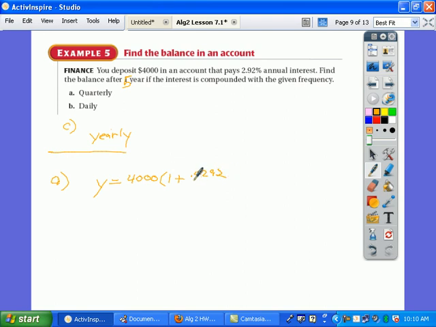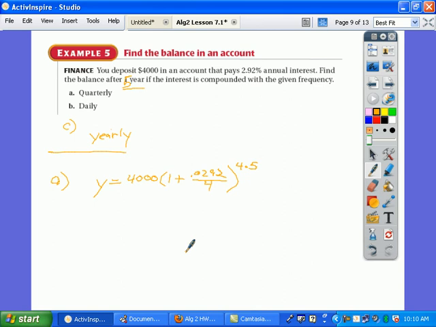So our number of years is 5 years. So 4 times 5 power. And this will give us how much money our investment will have made if we made 2.92% compounded quarterly for 5 years.